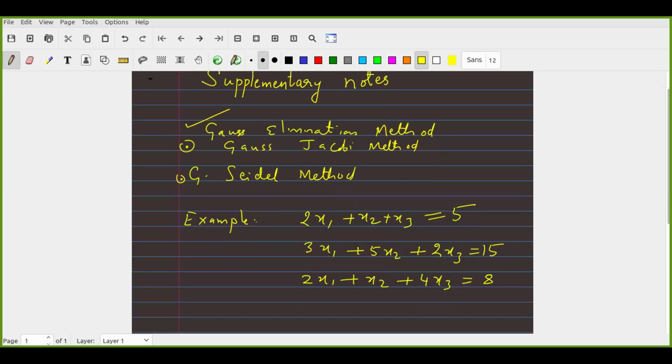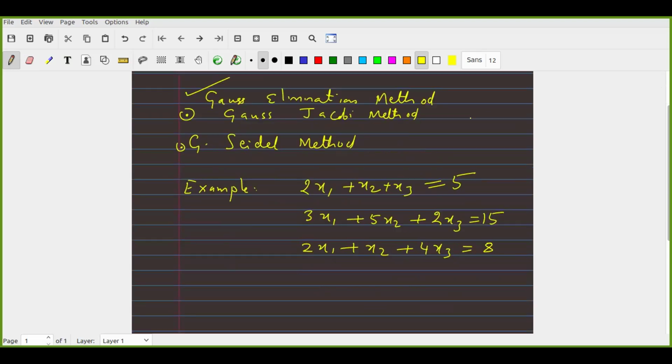So in the elimination method or Gauss-Jordan method, we just take a matrix, but in the other two methods, we just have a set of equations.